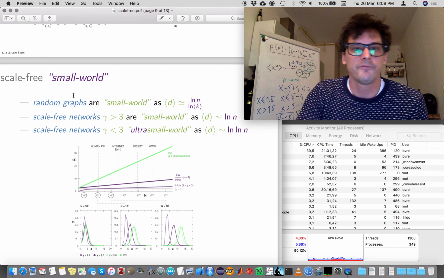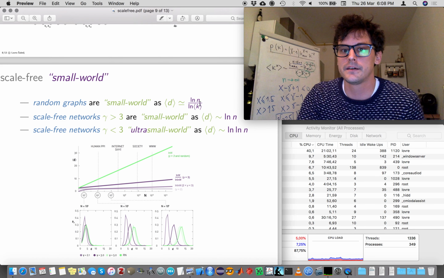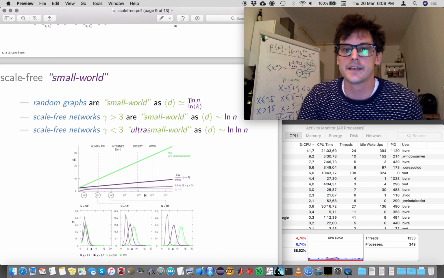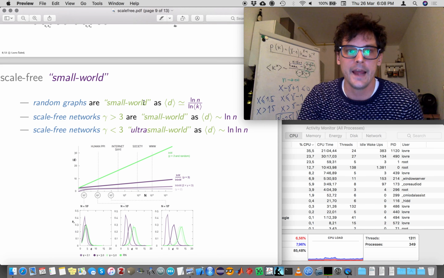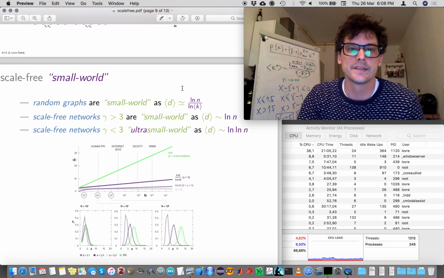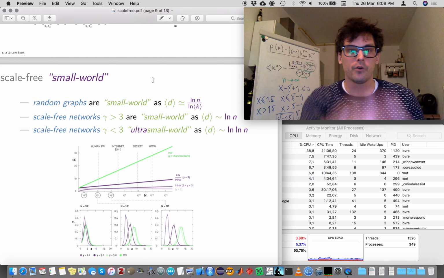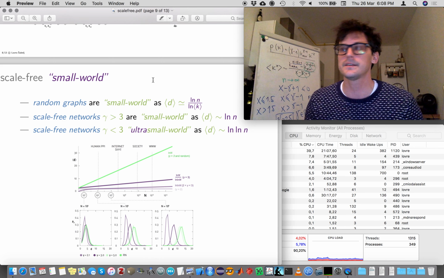Firstly, for a random graph, we've shown that the average distance scales as a logarithm of n, and I'm here saying that these networks are then "small world", with quotation marks, because we are only saying that the distances are short.